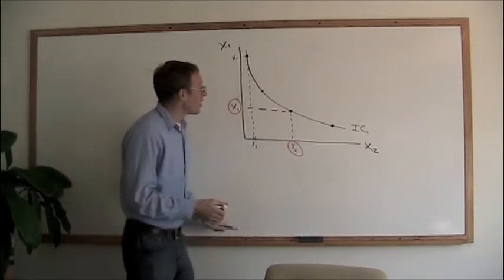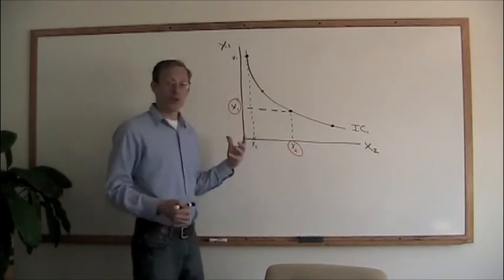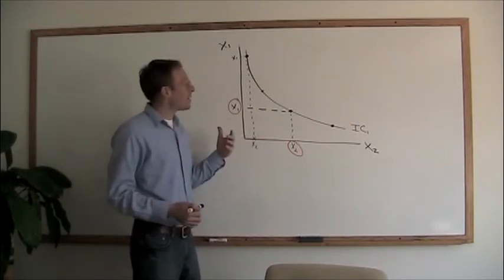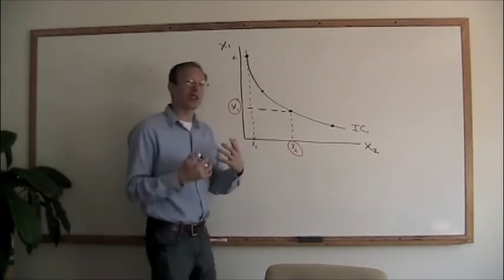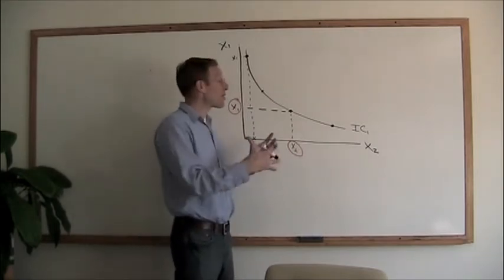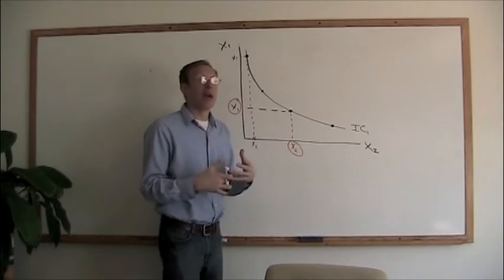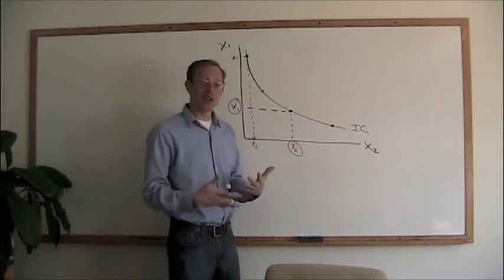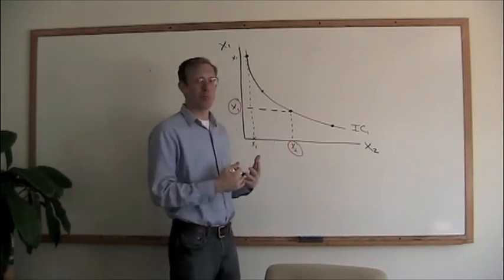Now, I said you can't consume more of both goods just a minute ago, and the reason you can't consume more of both goods is because of one of the assumptions that we make about indifference curves. It's really important to understand the assumptions about the indifference curve model.